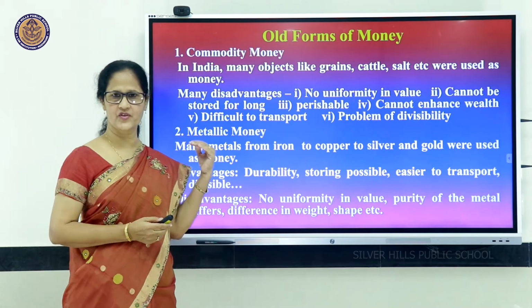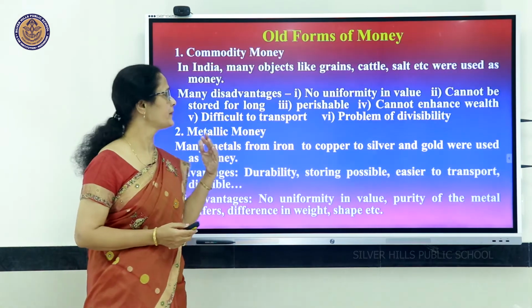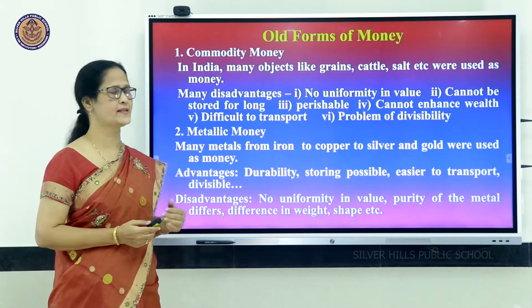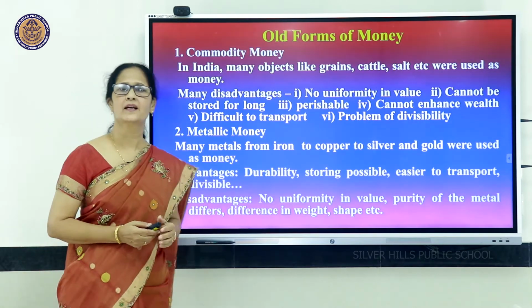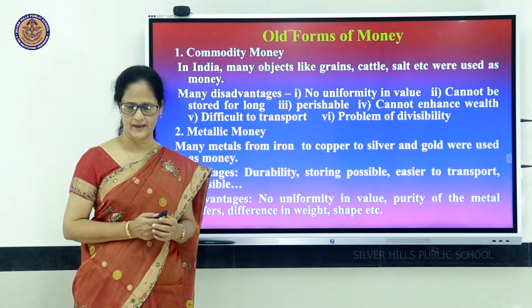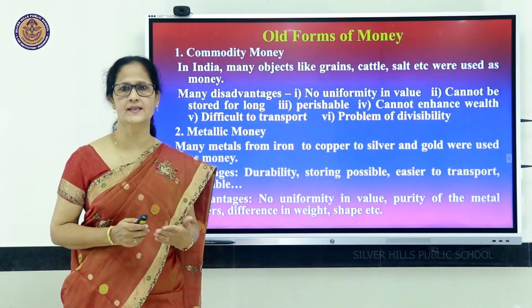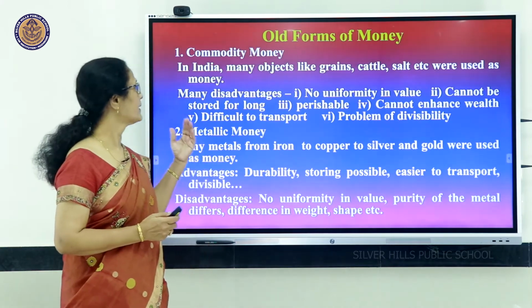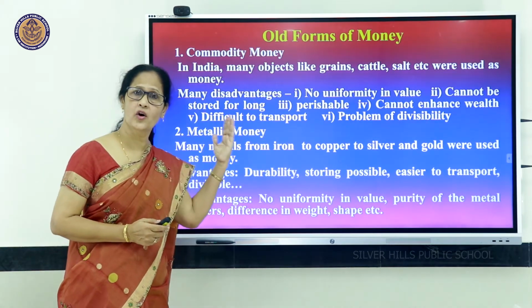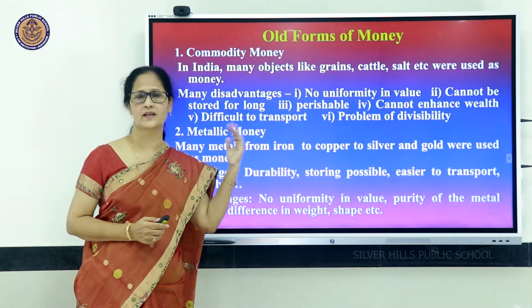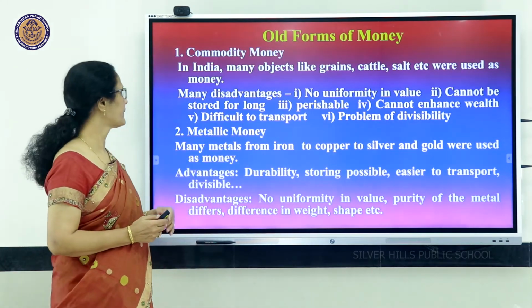In the old forms of money or traditional money, we had two types or two phases, we can say. The first is commodity money. That means human beings used many commodities as money. And in India also, many objects like grains, cattle and salt were used as money.